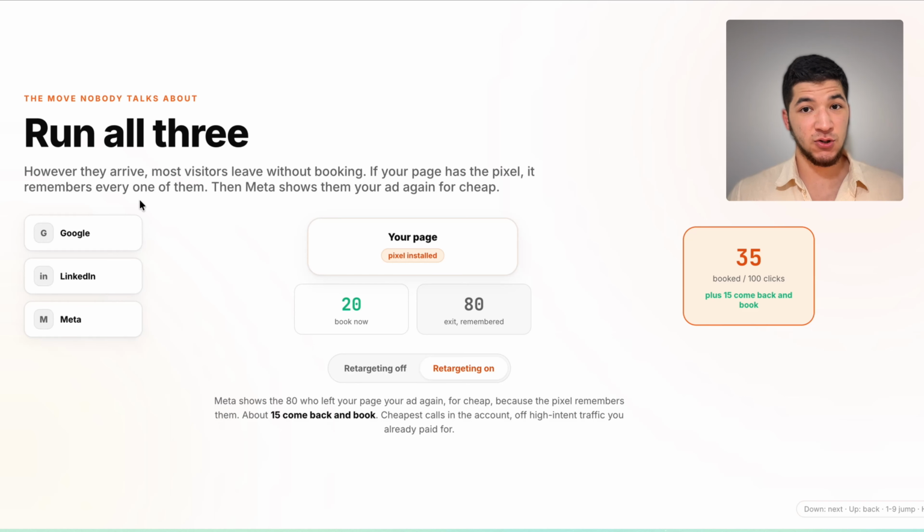And again, as I told you, Meta is the cheapest click. So you get the cheapest clicks to the highest intent people. That's how you make it. And suddenly from 20 people booked in, with the same budget, you get like 35, which is insane. Like 15 more sales calls out of the same budget that you were spending on 20.